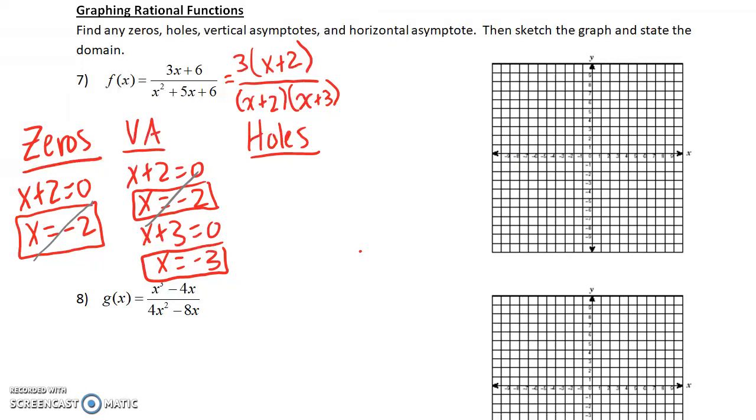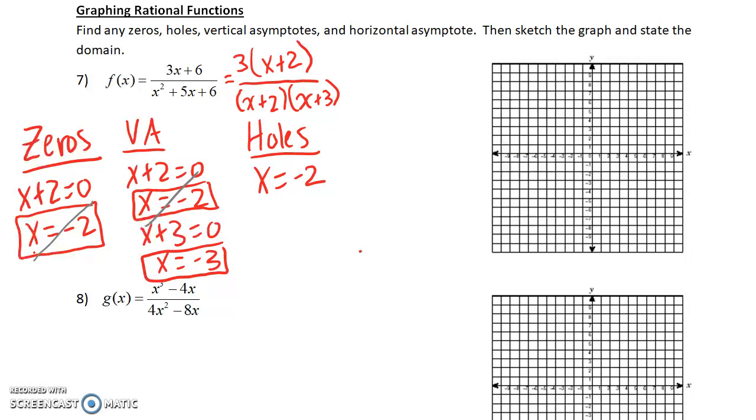So we fill in here, our hole is at x equals negative 2. So a recap, if any x values are in both the zeros column and the vertical asymptote column, it is a hole. And we cross it out very lightly here out of the zero column and the vertical asymptote column, saying we're not going to have it as a zero or a vertical asymptote anymore. It's strictly just a hole.